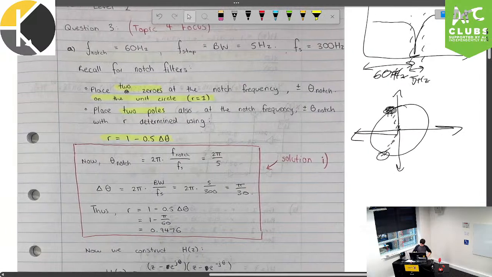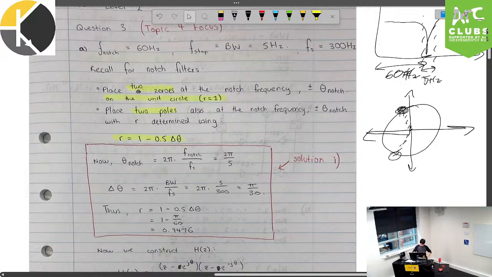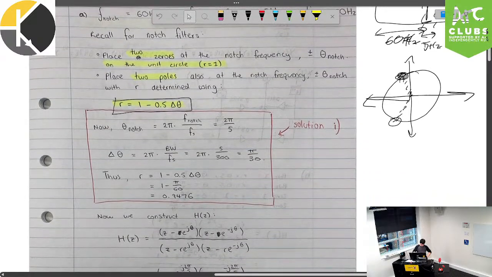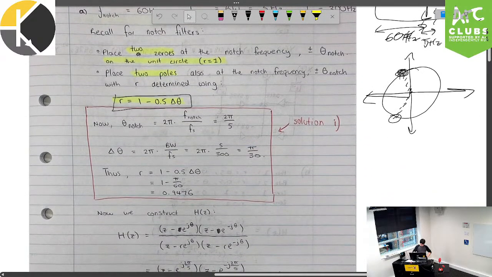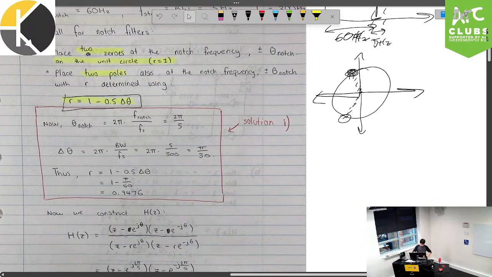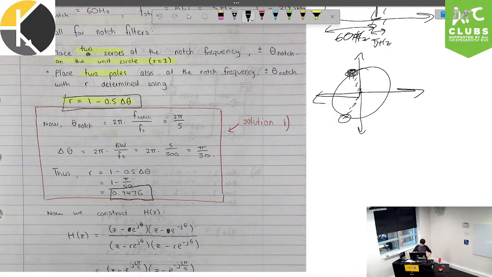Okay. Next up, poles also at the notch frequency, but with R determined by this function. So here we go, and we determine that the pole plots will have radiuses of 0.9476. Okay, so it'll be very, very close to where they are on there.